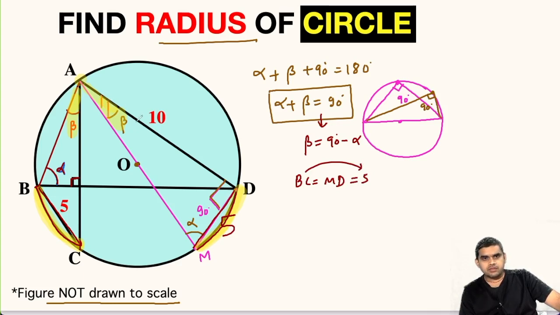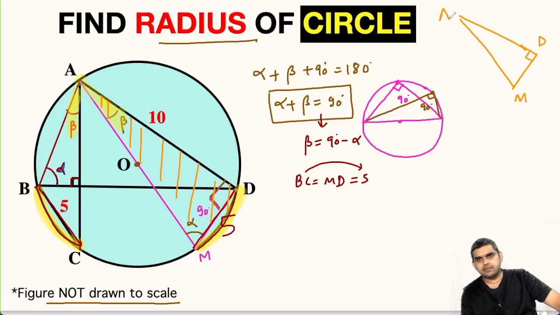Now let us focus on this triangle AMD. Let me draw it separately. So this is D, this point is M, this is A. Here AD is 10 units, MD we found as 5 units, and this AM is the diameter.